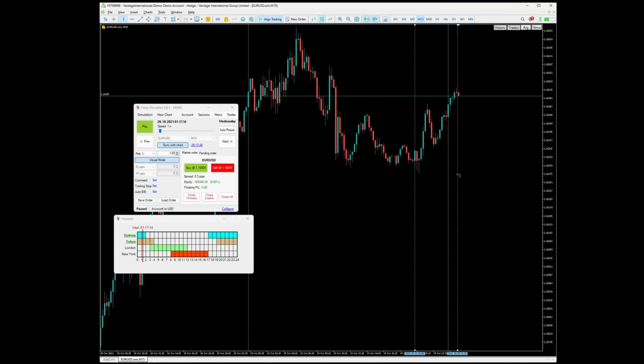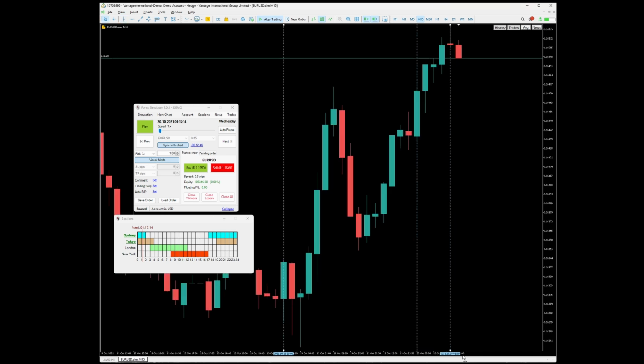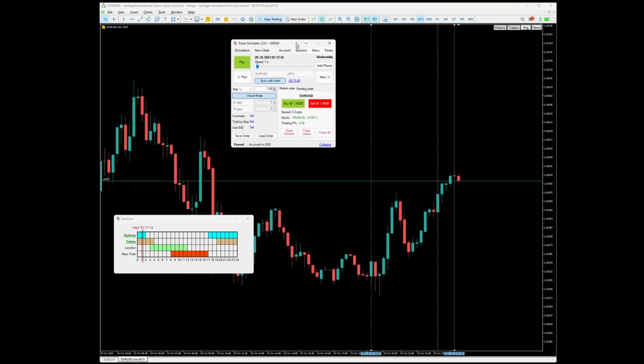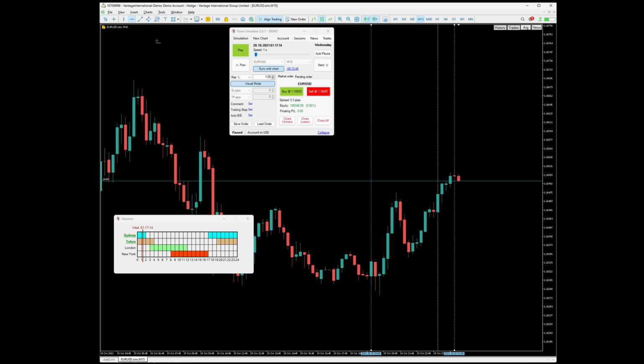So we map 8 to 1 a.m. Expand on that a bit so we can understand what's going on. And we want to map these levels. This is the top of the Asian range, and this is the bottom of the Asian range.